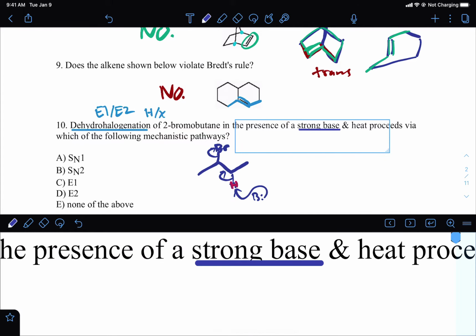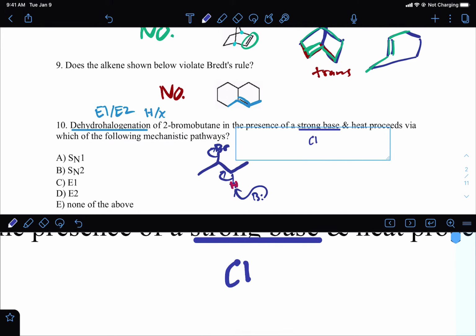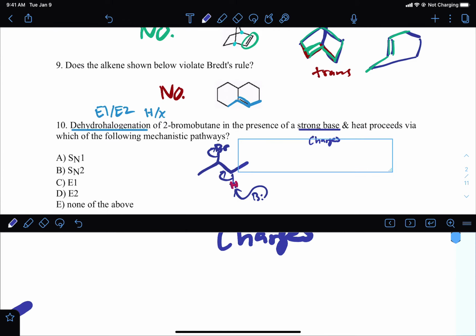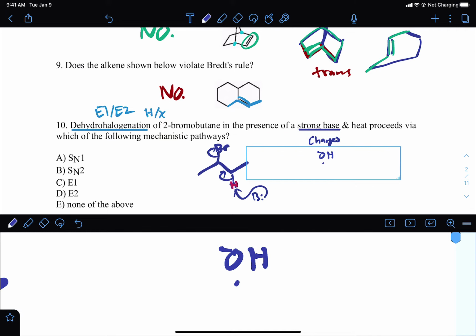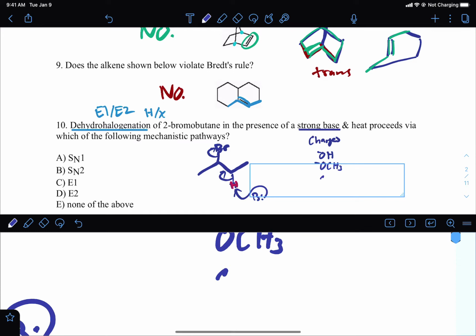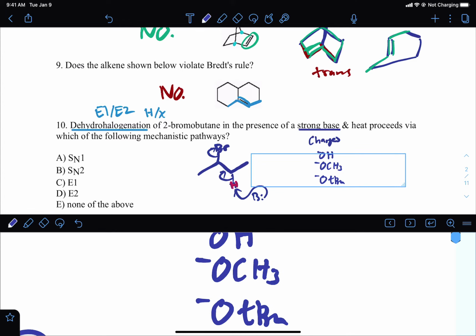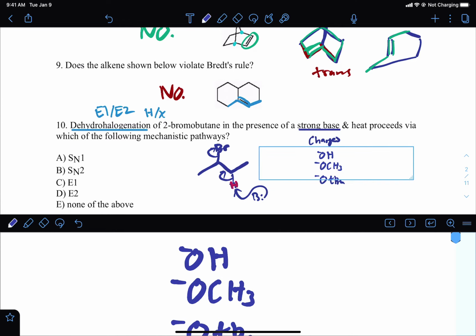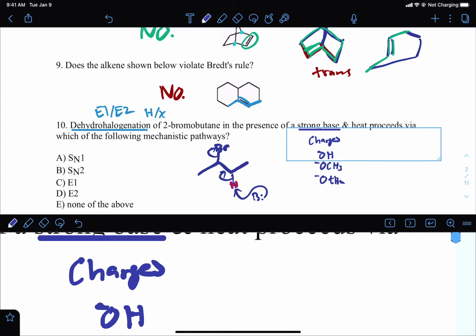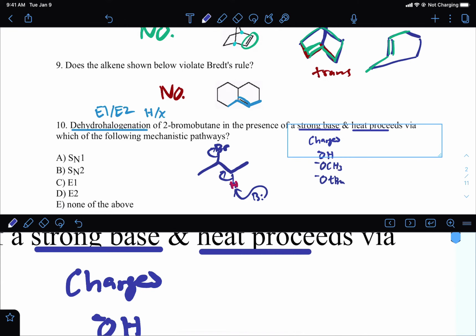Okay, so strong base means charged. Something like OH minus or OCH3 minus or OtBu minus. Okay, these are oxygen bases. You can have nitrogen bases too, but the point is that they have to be charged. You have to have a negative charge. And heat. Remember that heat favors elimination.